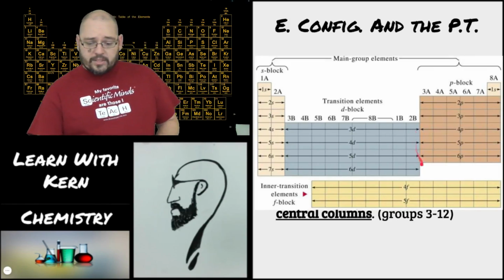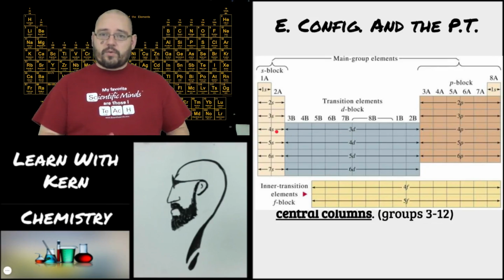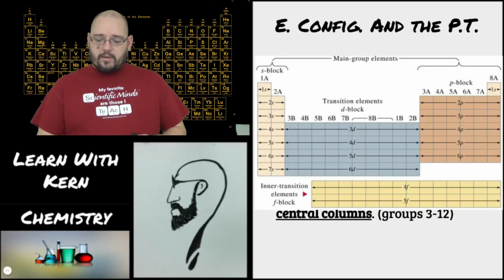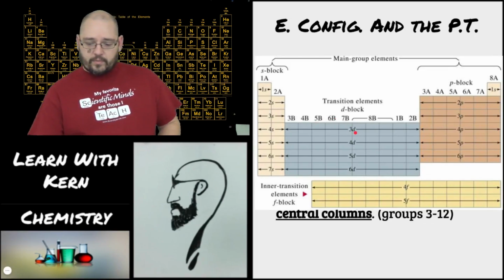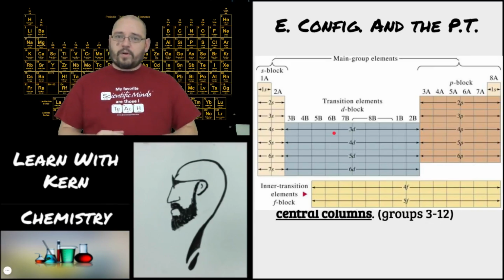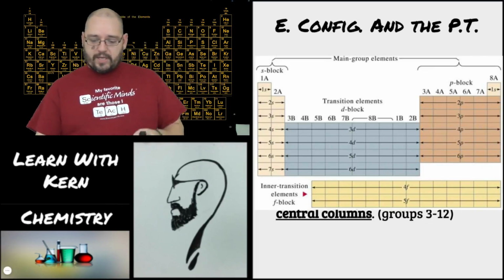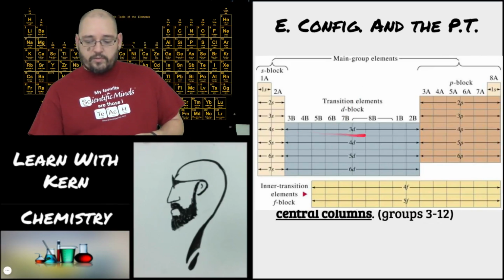Now, I do want you to notice that this is labeled 3d, even though it's in the 4th row. Remember, we talked about the Bohr model and iron, it not being completely correct in that instance because of the way that we did the Bohr model. But the 3d orbital is actually a little bit larger than the 4s orbital, and so it extends out past it a little bit. And so this is the Aufbau order that we talked about last time. So 4s and then 3d.